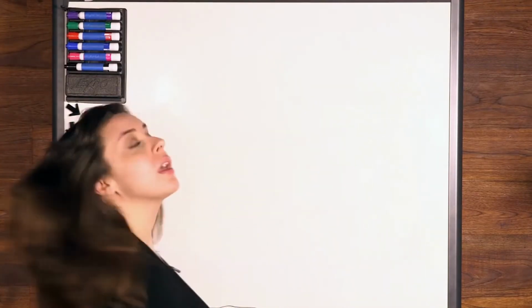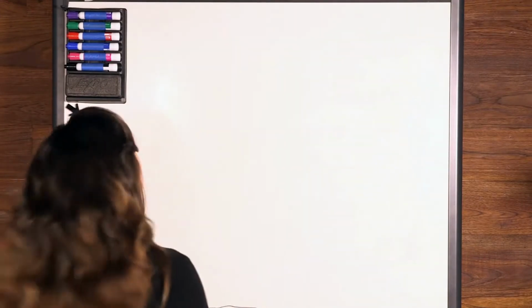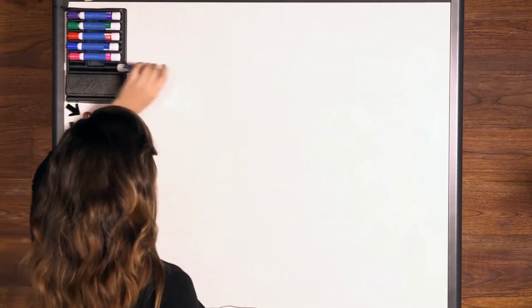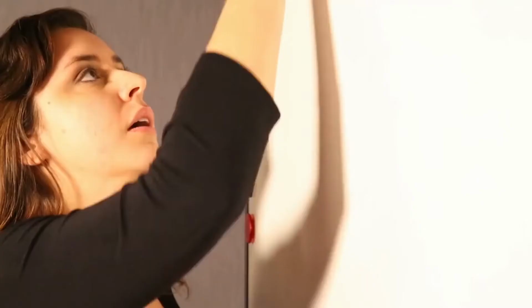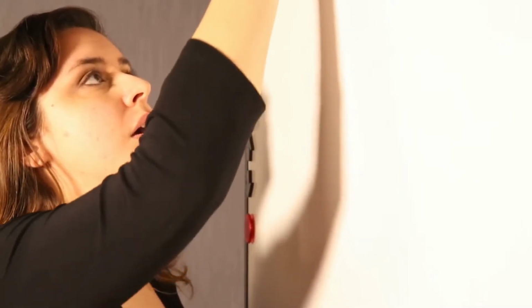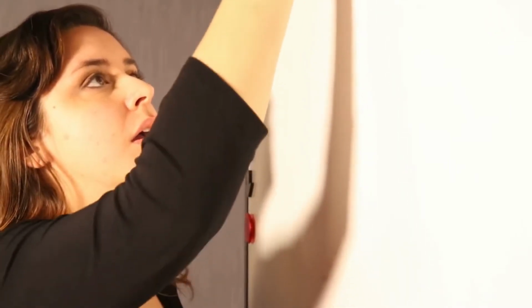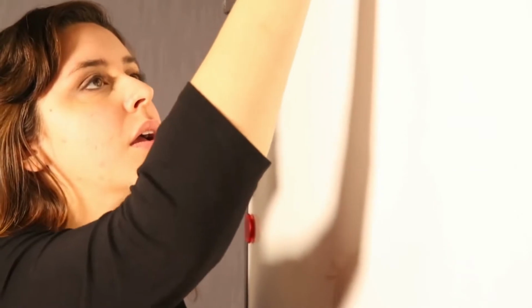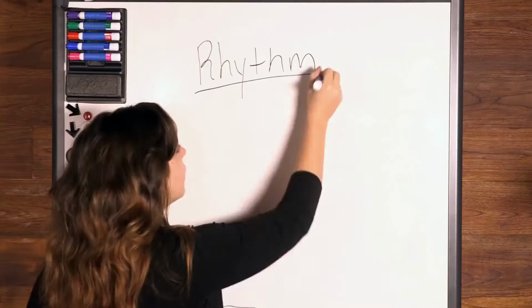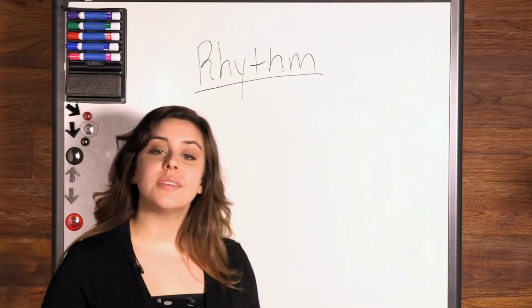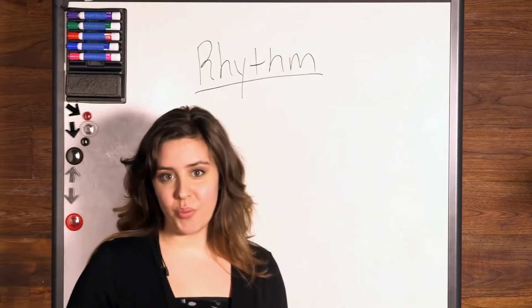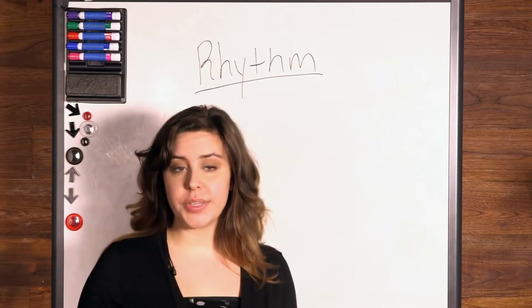So, in this lesson, I will be teaching you about the brother to melody, which would be rhythm. Now, there are several things to keep in mind about rhythm when you are thinking about music.